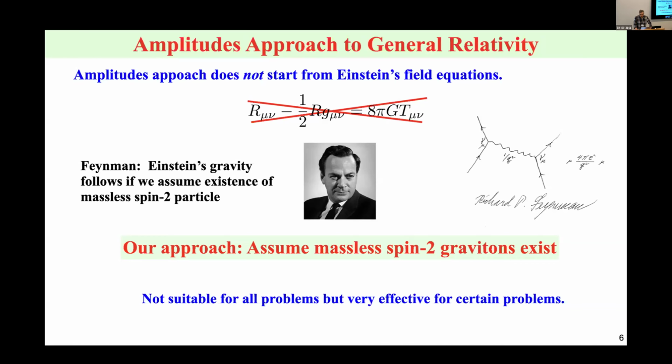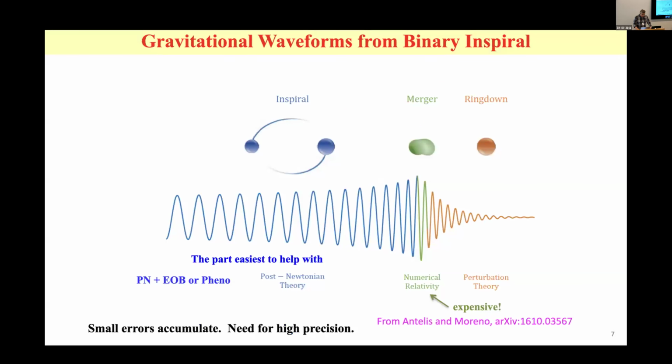The class of problems is perturbation theory, which is exactly what we need for the problem of gravitational waves. We're interested in doing perturbation theory. The problem is to get the waveform. You have two black holes, they're inspiraling. We treat them as point particles. We use the concepts of quantum field theory.